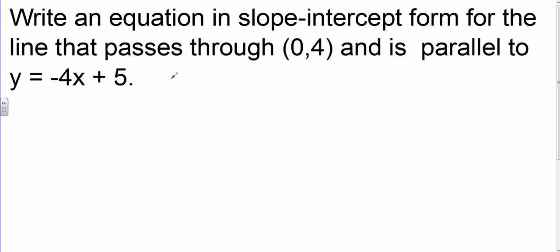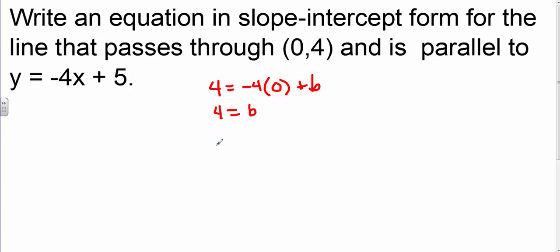So we've got y, which is 4, is equal to -4, which is the slope, times the x, which is 0, plus b. So that gives us 4 is equal to -4 times 0, which is 0. So all we're left with is b. Did you get that?